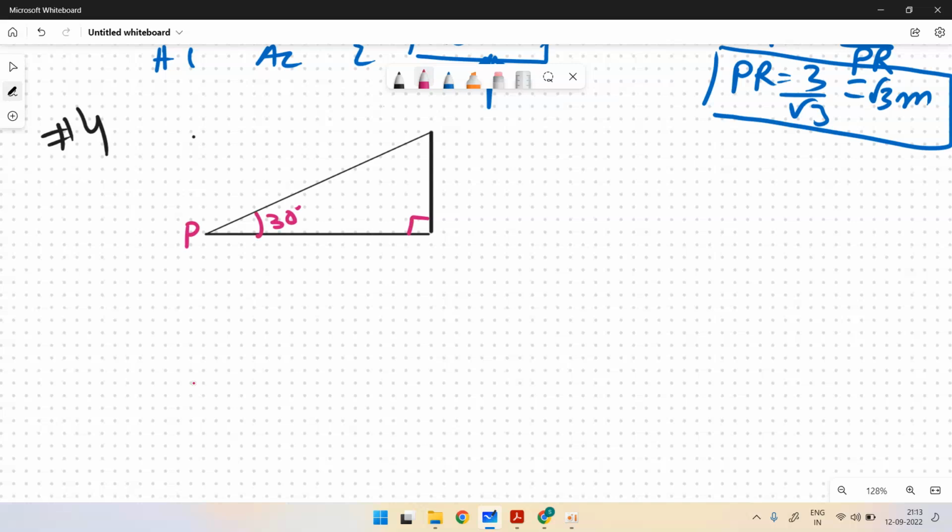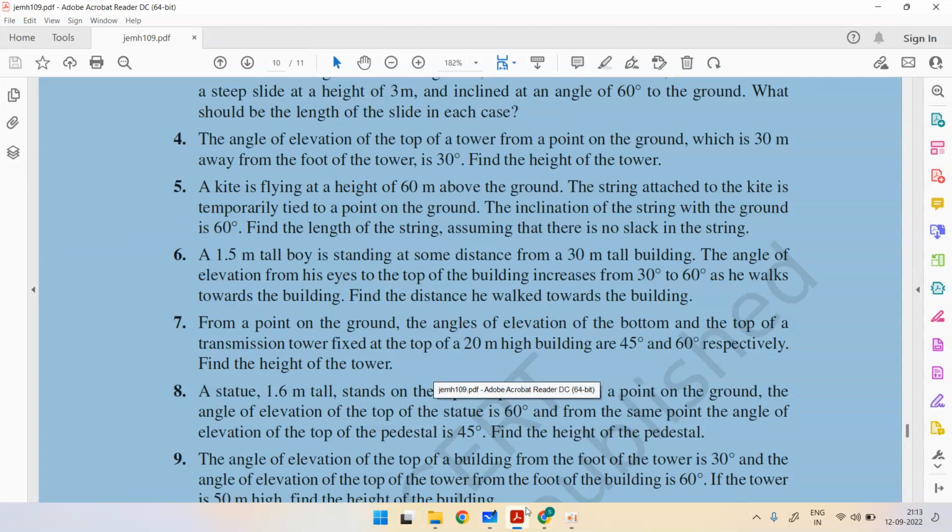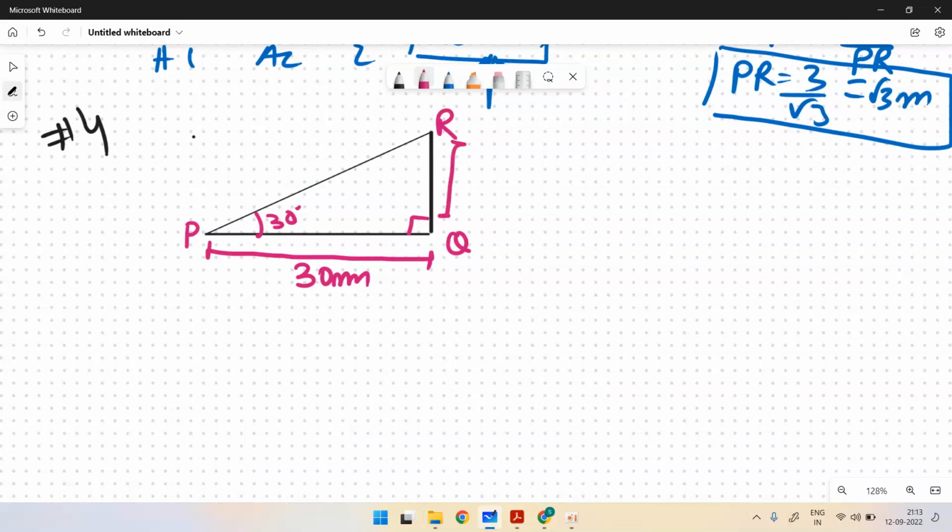So I can imagine this is PQR, and this is going to be 30 meters. We need to find the height of the tower.